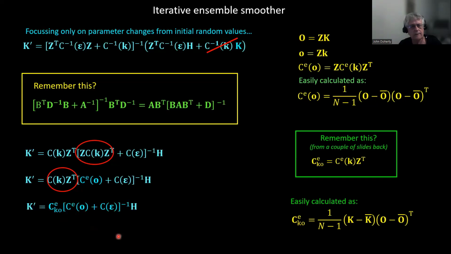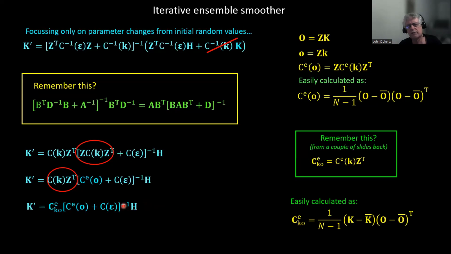Put that in there, and there's the final equation. So I've updated my parameters using terms that I can calculate from the parameters themselves using the simplest of mathematics. So you can see why ensemble methods are getting so much traction.